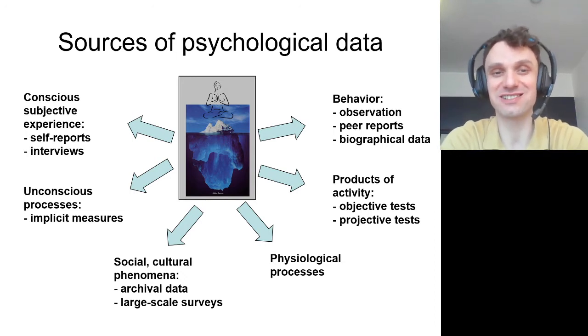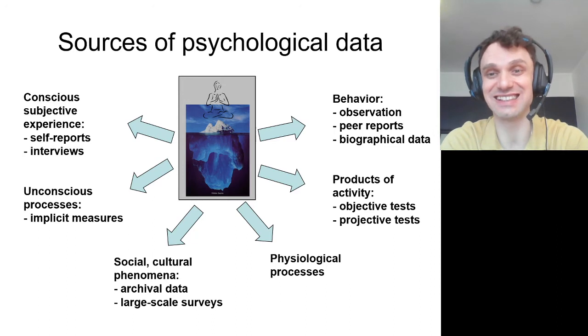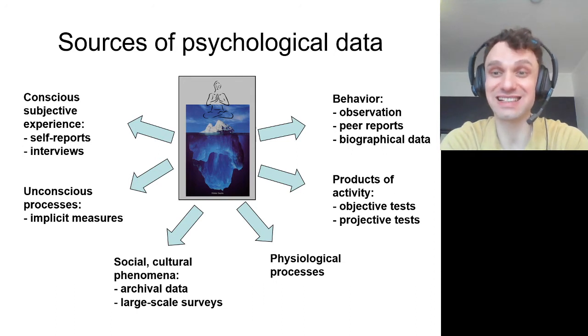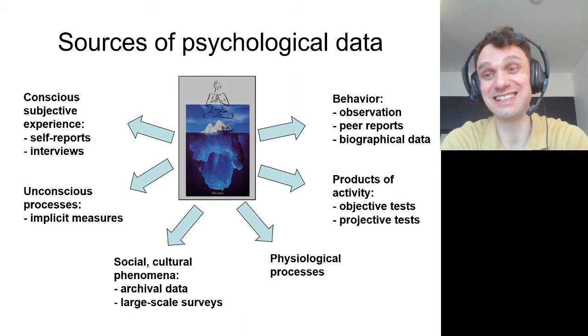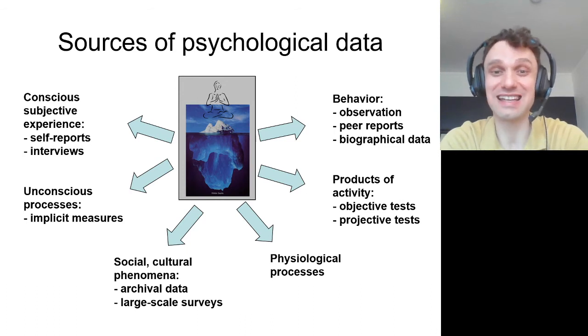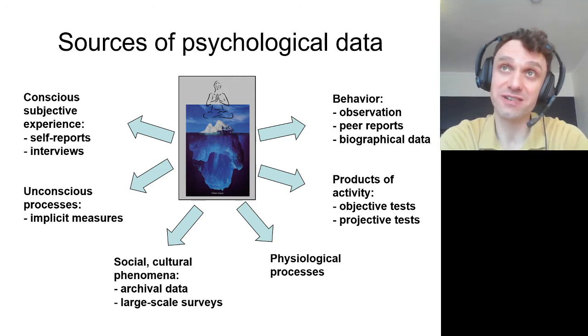But of course, it was already behaviorists who said that this conscious representation is not always quite precise. And we know that there are a lot of different biases when people see the reality not the way it is. This is why it is best to complement the self-report data with some more valid data.